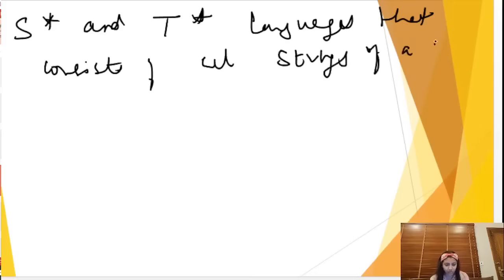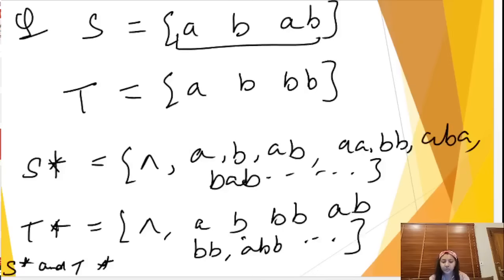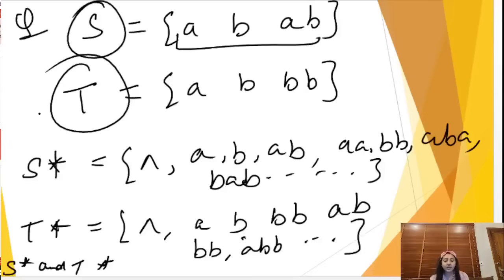I can form any string of a and b from my S and also from my T. So S star and T star of this particular alphabet will consist of all the strings that can be formed from a and from b. Even though S and T are different, their S star and T star form the same language.